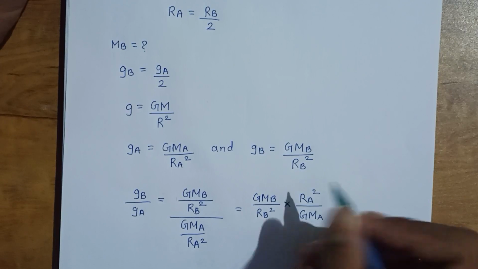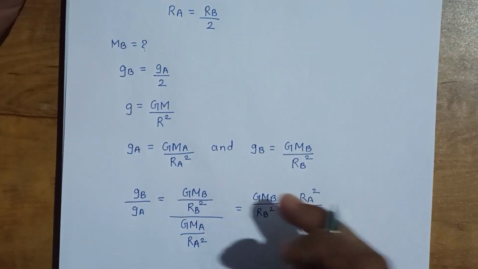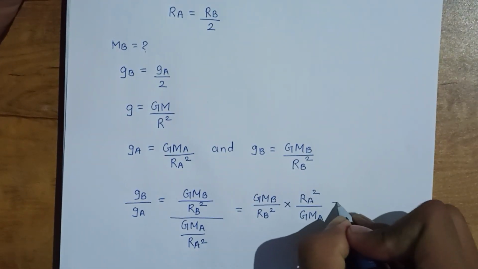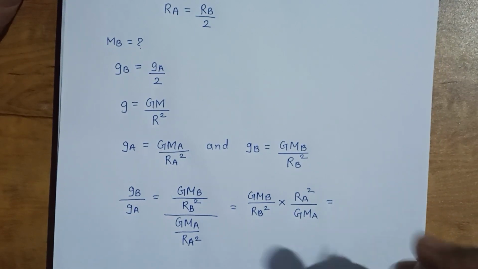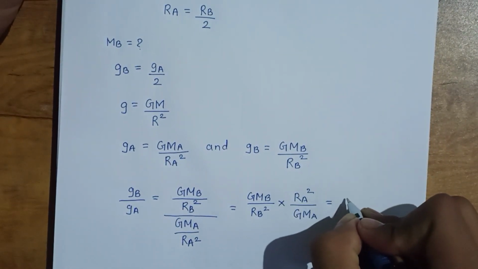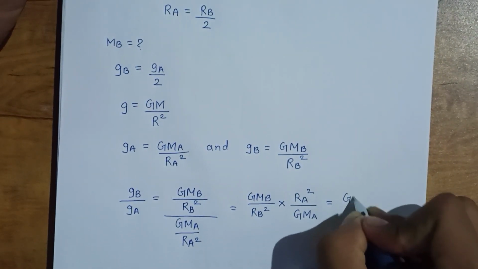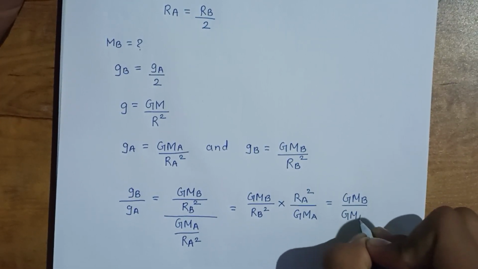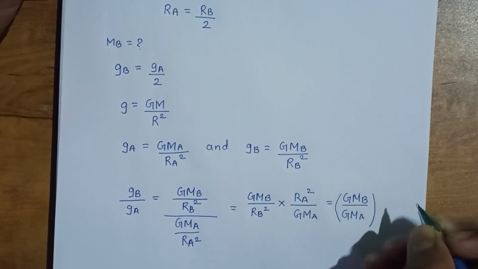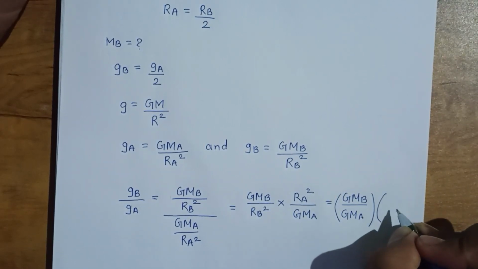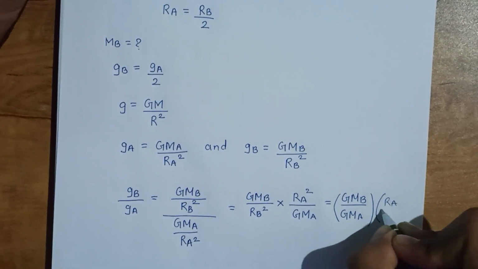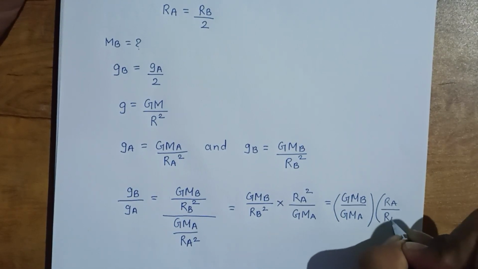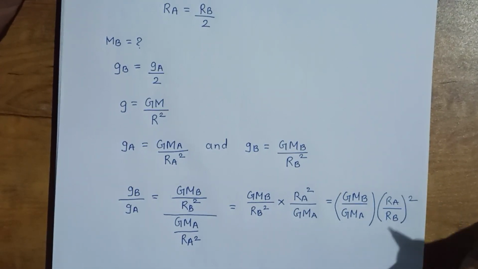So we will take RA and RB common and GM and GM common. Okay, so it will become GMB divided by GMA into RA divided by RB the whole square.